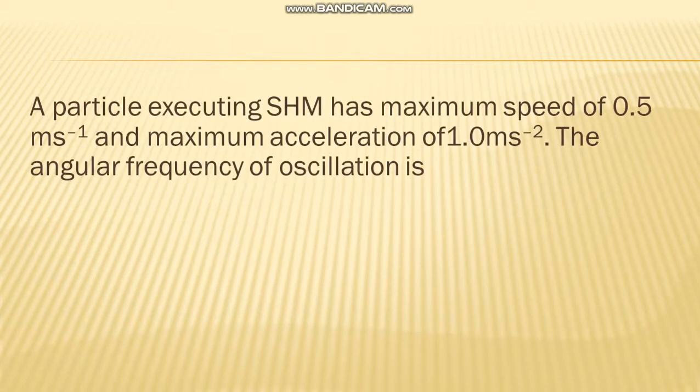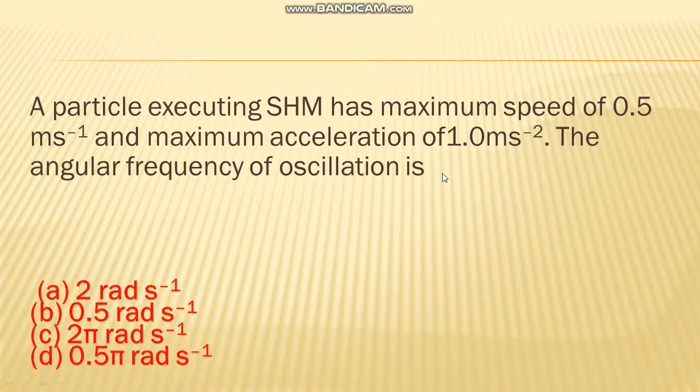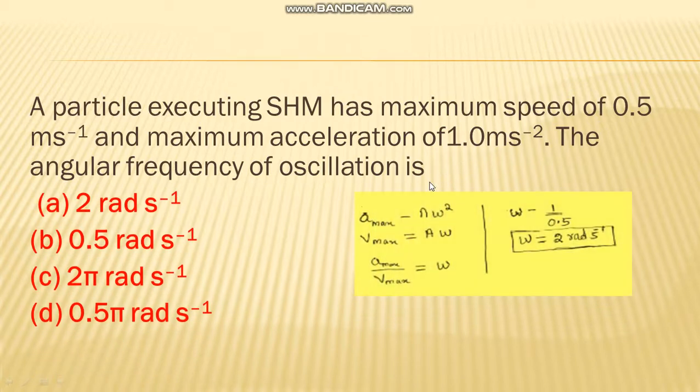Next question. A particle executing SHM has maximum speed 0.5 meter per second and maximum acceleration of 1 meter per second square. The angular frequency of oscillation is? Here maximum speed and maximum acceleration are given. We know the formulas: a maximum is equal to A omega square and v maximum is equal to A omega.